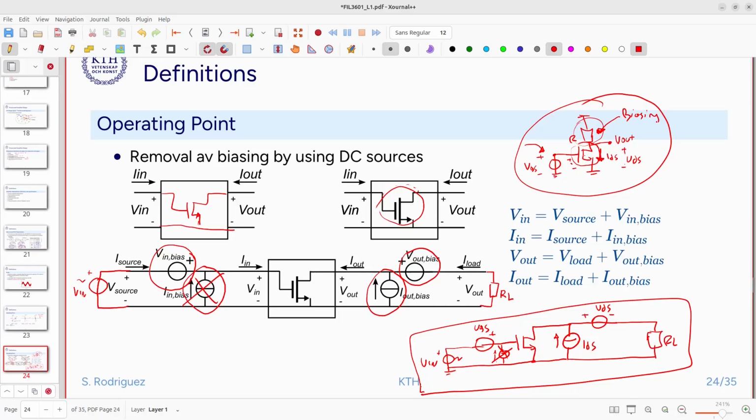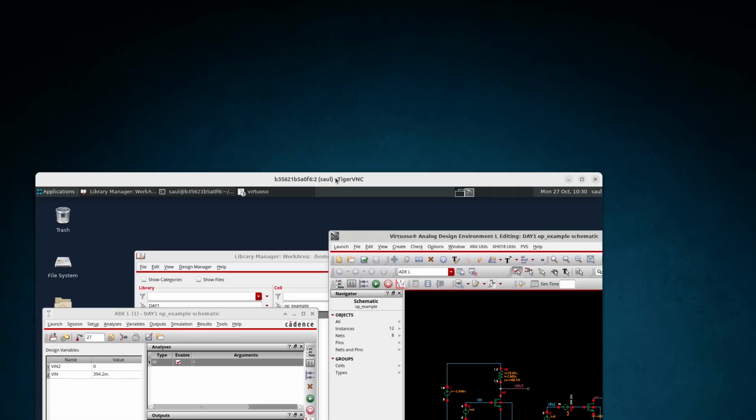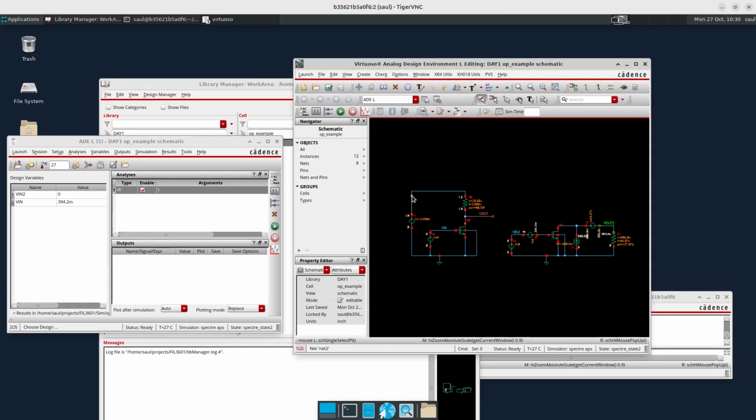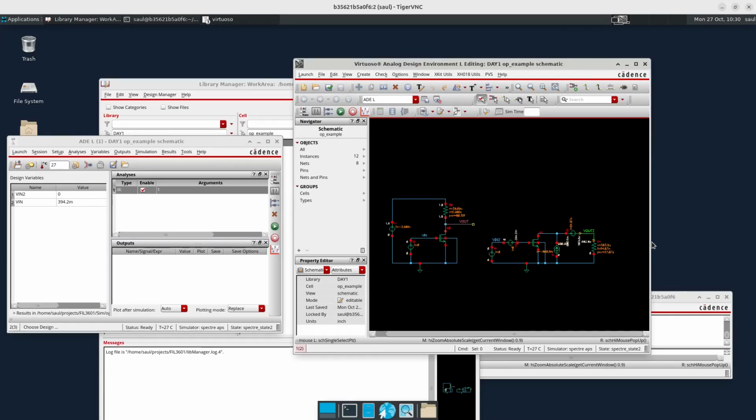Okay, so we're going to show this using Cadence. So we have here our circuit. So we have exactly the same circuits that I just showed you.